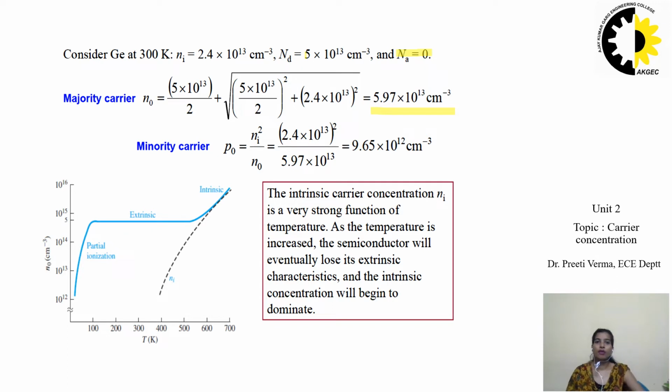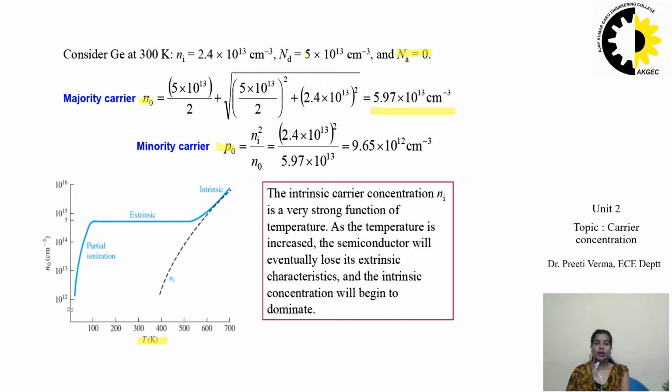and we can see how the values of N naught and P naught are getting changed with changing these values. So this is represented in this graph. On the x-axis, temperature is represented in Kelvin. On the y-axis we have N naught represented per centimeter cube.